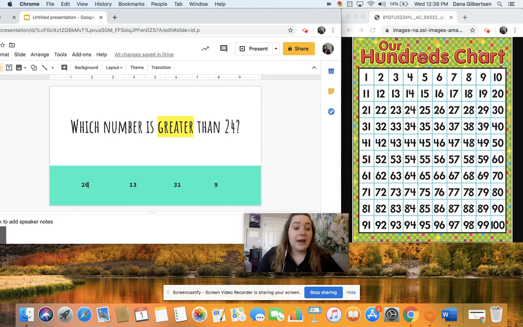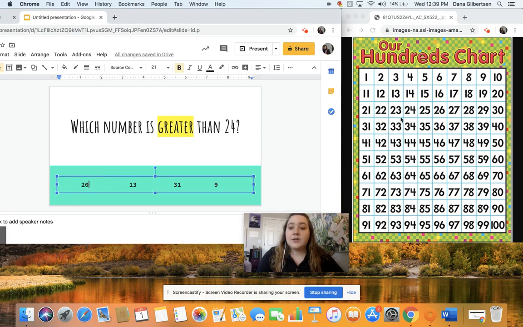So first I look at 20. I come to my hundreds chart, I find 24, and I move down. Oh, 20 is over here. Is 20 greater than or less than 24? Less than. Good. So I cannot pick that as my answer.